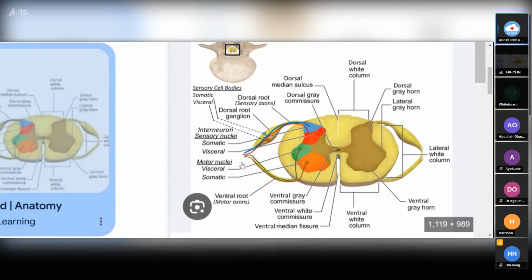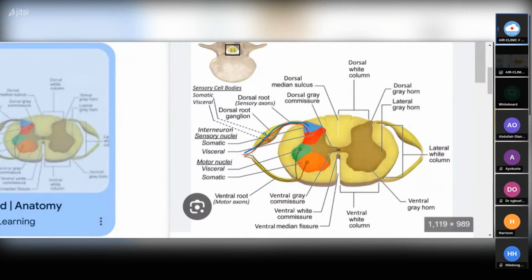Then a part of it is going to be motor. Motor brings impulses from the brain to the muscles, while sensory takes impulses from the skin and the joints back to the spinal cord and then to the brain. The one at the back is why they call it dorsal in anatomy. Ventral is anterior, dorsal is posterior.